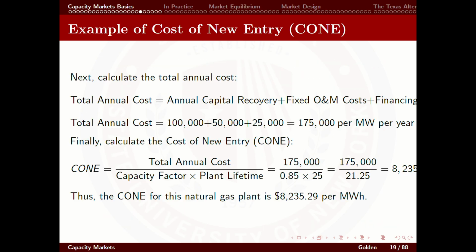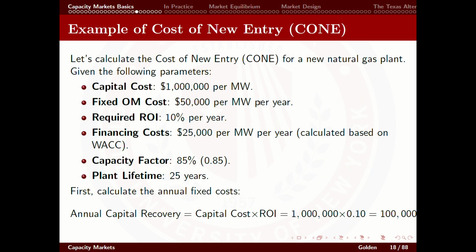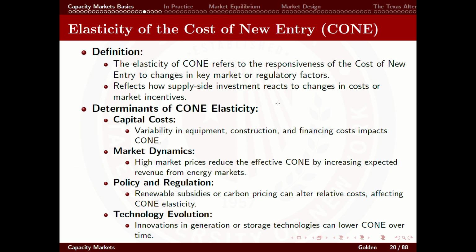I should mention, I don't think I've done it yet, cost of new entry is essentially the missing money problem. It's how you expect the marginal generator, the most expensive generator, to have to be compensated in order to be there if they're not expecting to get money from the day-ahead market.